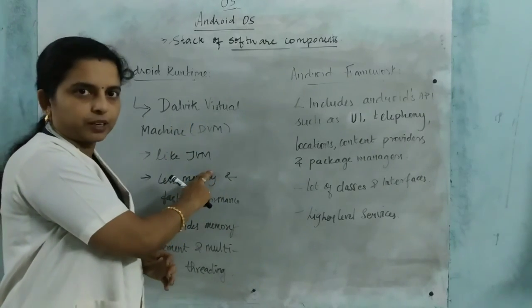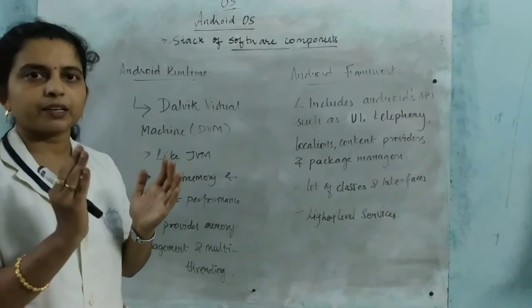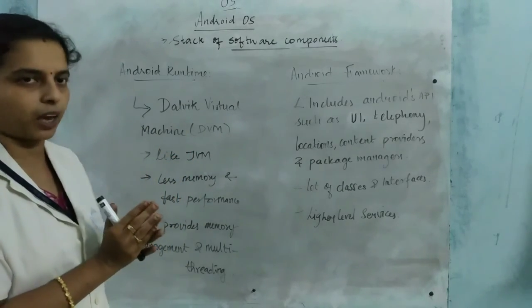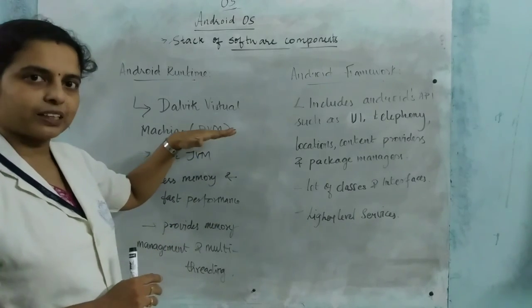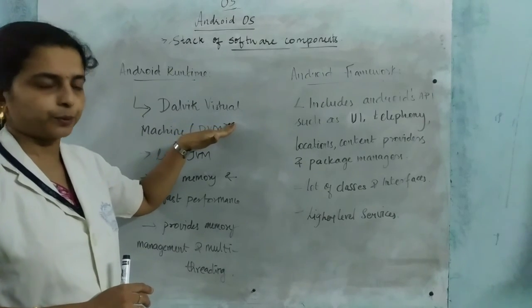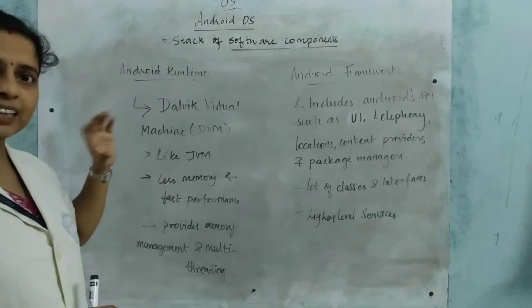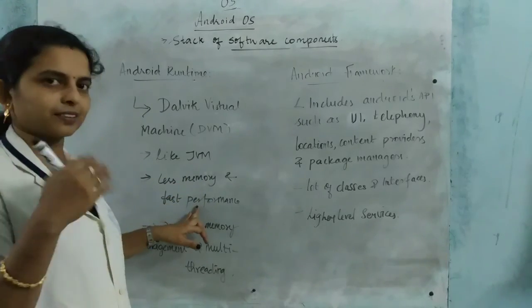It is like JVM. But here it is optimized for mobile usage. So size will be shrunk, optimized. So that's the difference between the JVM and the DVM. It is especially created for the Android operating system. And as it is used for mobile phones, here the memory is less and the performance is faster.